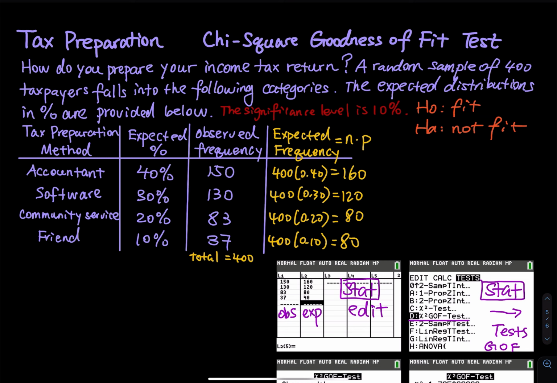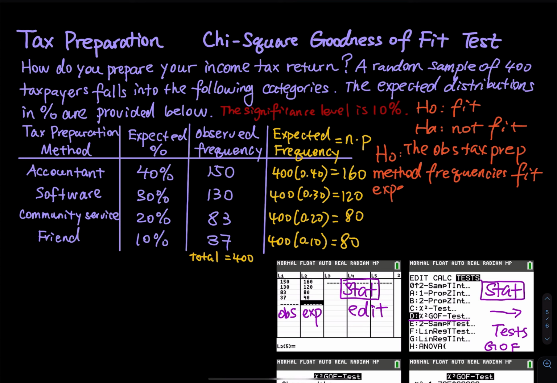Okay, let's elaborate a little bit more. So the null hypothesis, the H0, in terms of this problem, I will say the observed tax preparation method frequencies fit the expected tax preparation method frequencies.